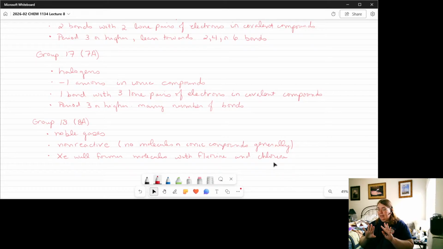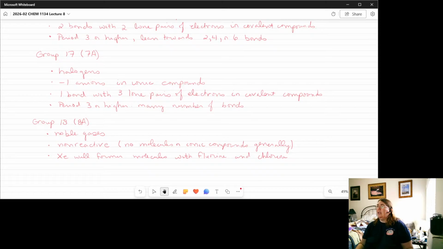So that's the S block and P block. Most of chemistry, most of the pharmaceuticals that we make, most of the chemistry that goes on in our body pretty much involves just the S block and P block. There are a handful of transition metals that are important in chemistry.